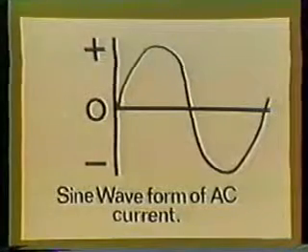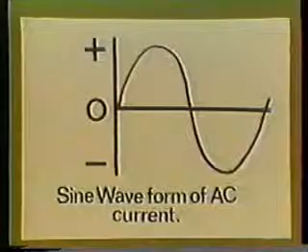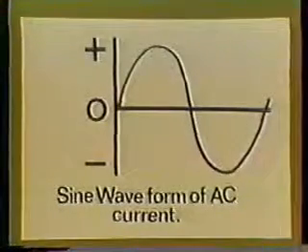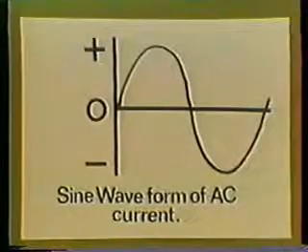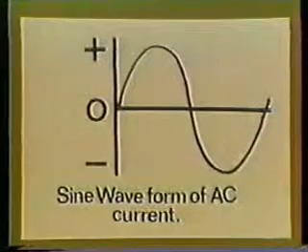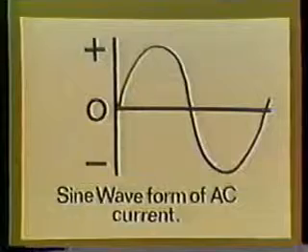In many electronic applications, it is necessary to have a direct current, or DC, power source. Examples are the power supplies in radios, television sets, and electronic controls for industrial machines. DC can be obtained from AC by a process called rectification.